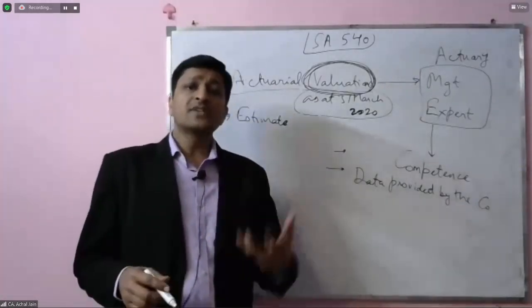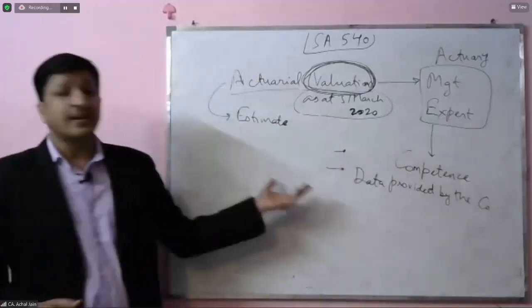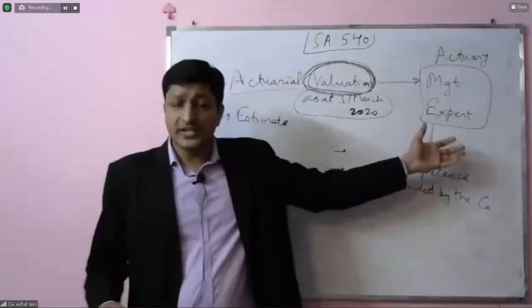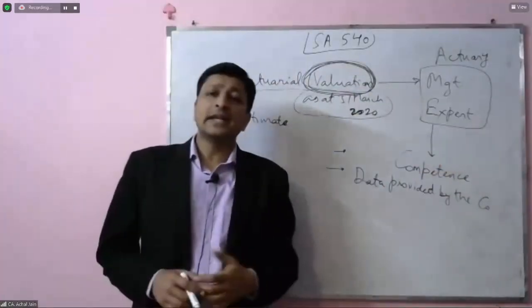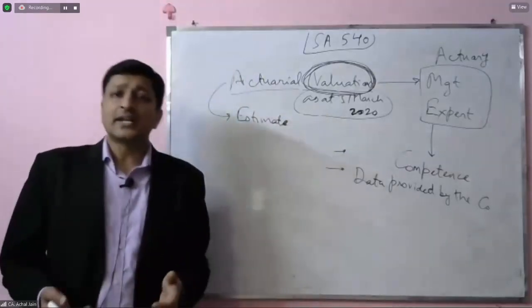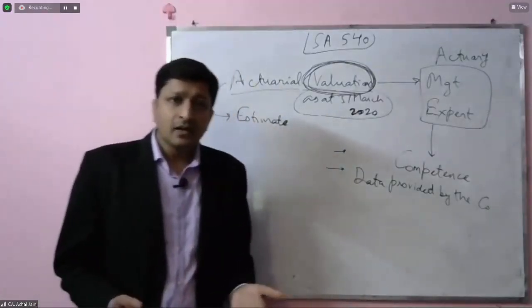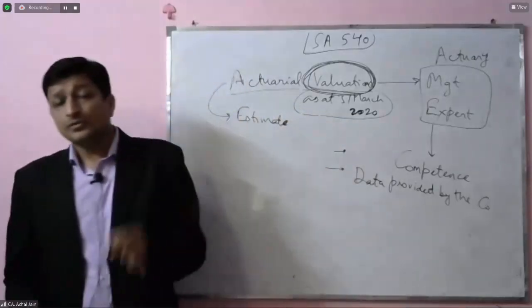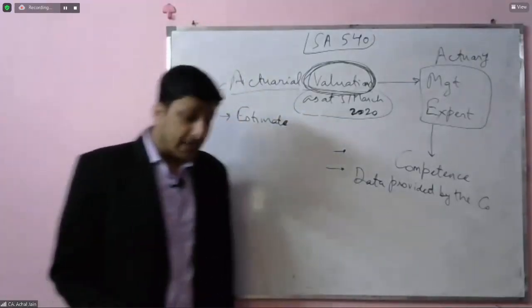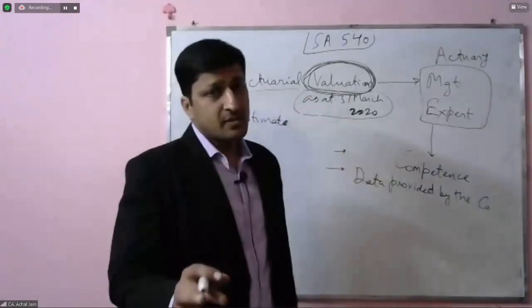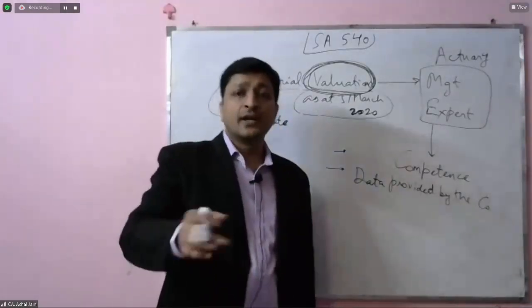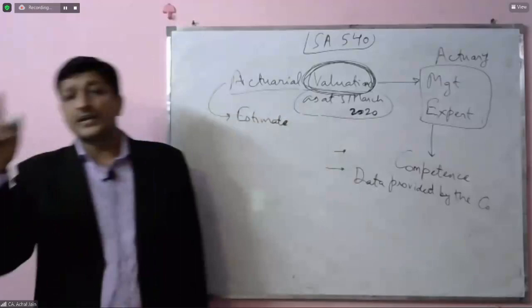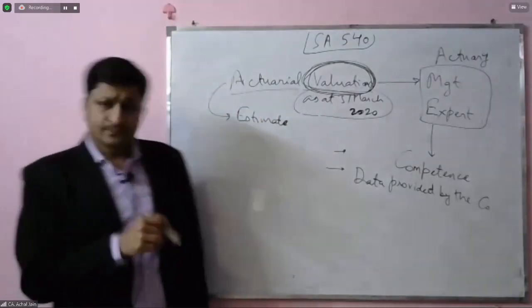It means garbage in, garbage out. If the data which is provided to the actuary is incorrect, then automatically the valuation that the actuary will do will also be incorrect. So who will ensure that the correct data goes to the actuary? It's the management. And auditor also needs to check whether the correct data was provided to the actuary or not.